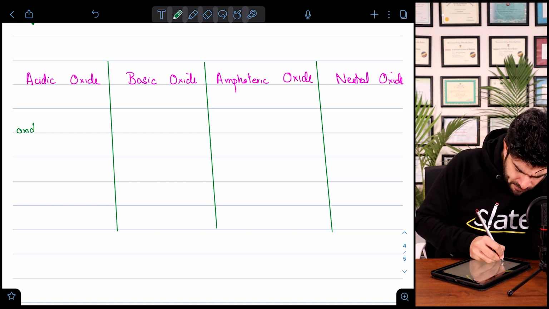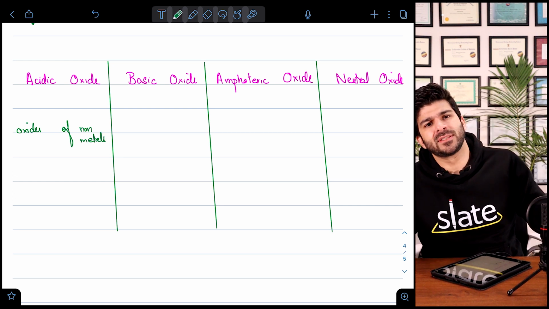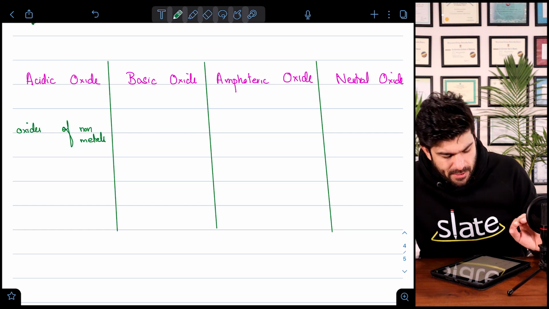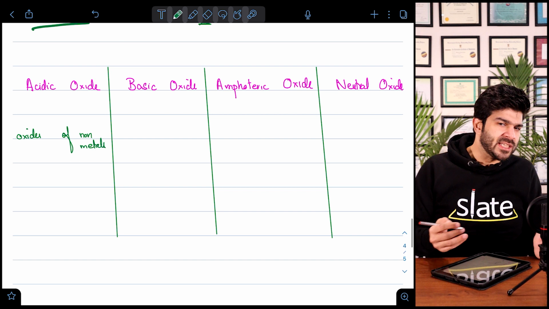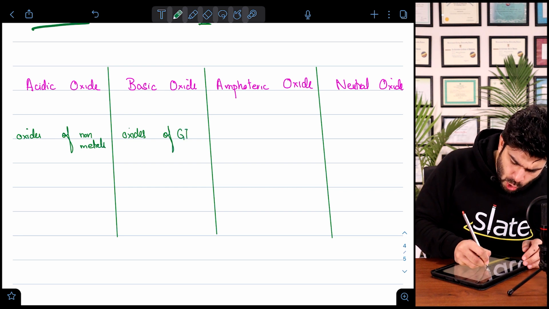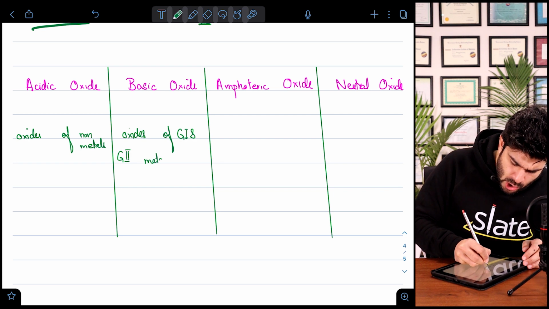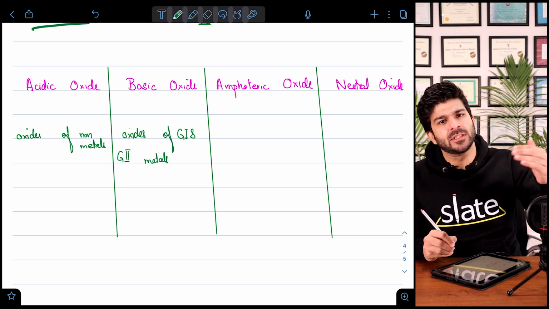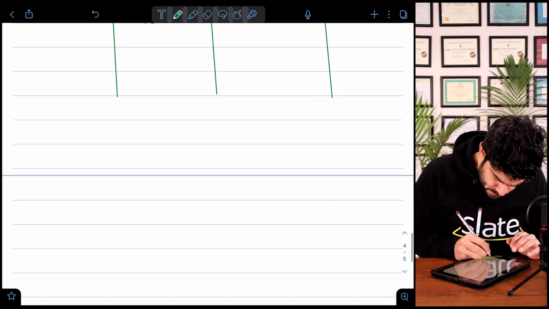These are oxides of non-metals. Oxides of non-metals. That's it. It's that easy. If oxide ion is there with a non-metal, that's an acidic oxide. But what are basic oxides? Oxides of group 1 and group 2 metals, which is alkali or alkaline earth metals. What are those? We can write it down there for you.